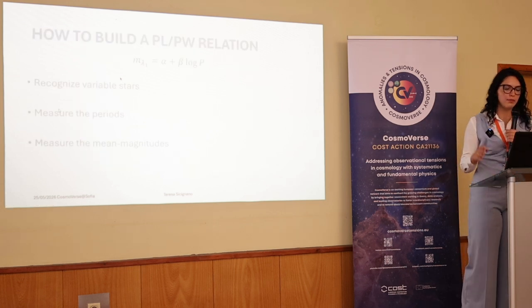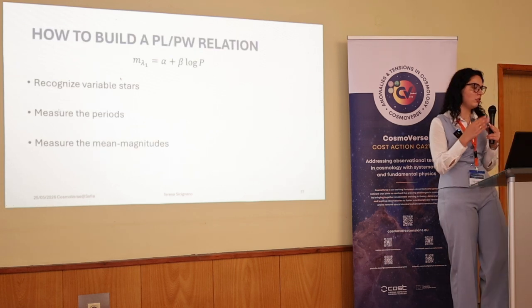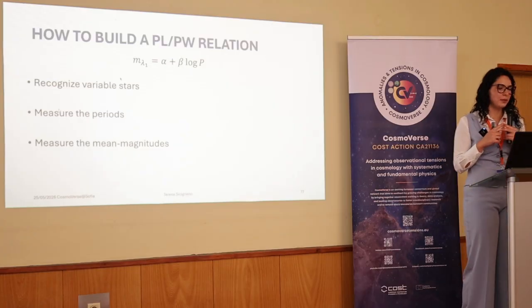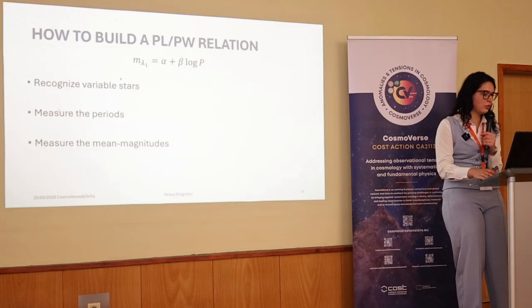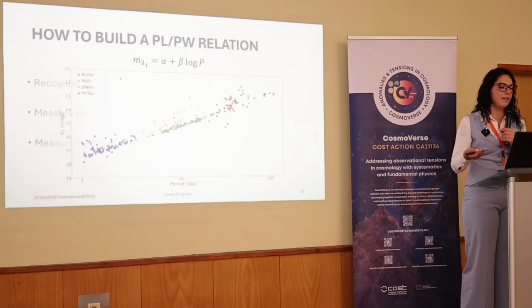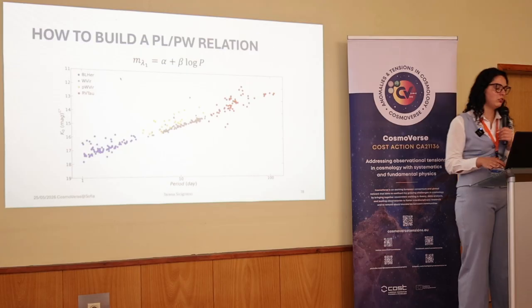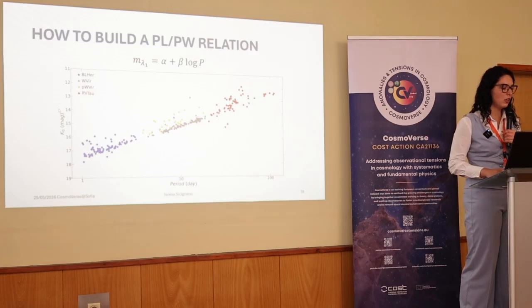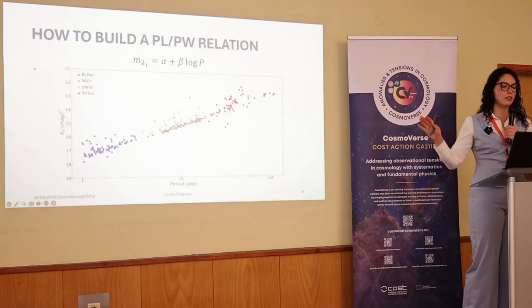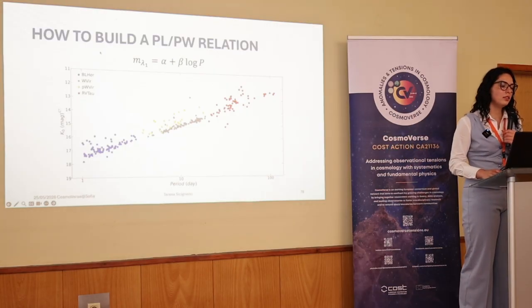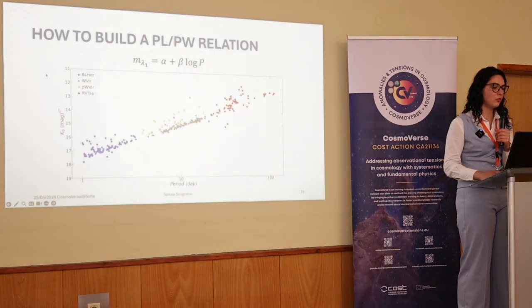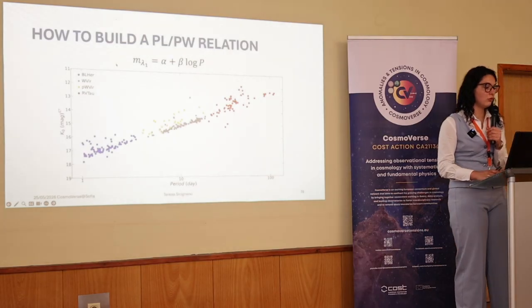At this point, you have the two things that you need, the period and the mean magnitude. And for instance, you can just plot a period Wesenheit relation. This is a period luminosity relation in K band, corrected for extinction. And this is for all the type 2 Cepheids.